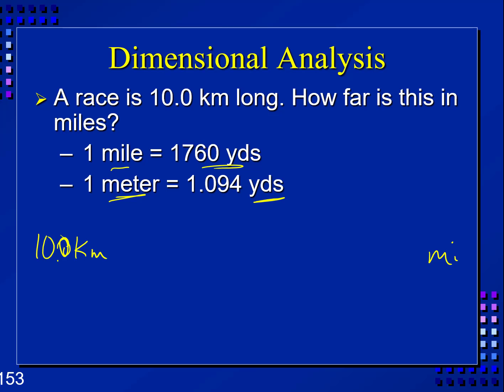That's why it's not on there, is because you're supposed to know it. Right? That's a metric one. Those are the ones I expect you to know, so I don't put them on the list. So I can turn kilometers into meters, then I'll be able to turn the meters into yards, and I'll be able to turn the yards into miles. Sound like a plan? So plan your route.